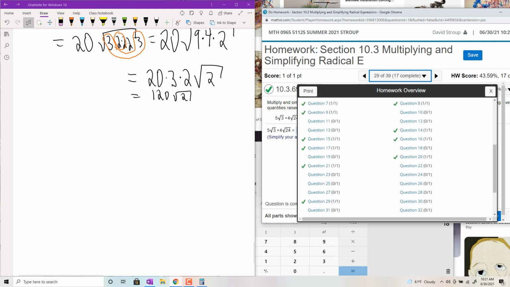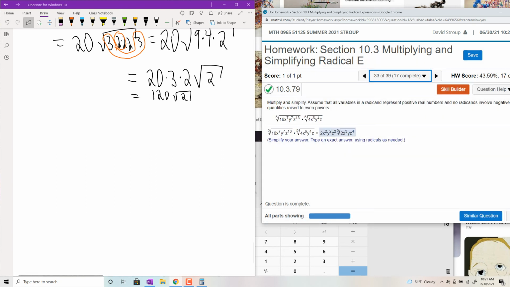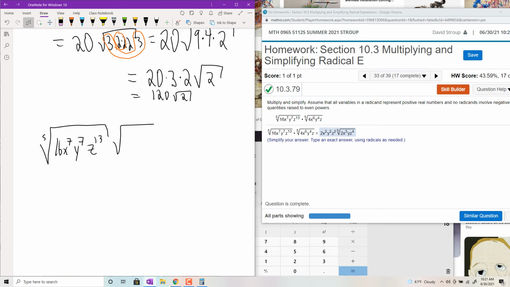Okay, that was 29. Let's look at 33. Oof. So they just get worse and worse, right? So 16 x to the 7th, y to the 7th, z to the 13th, times the 5th root of 4x to the 6th, y to the 4th, z.